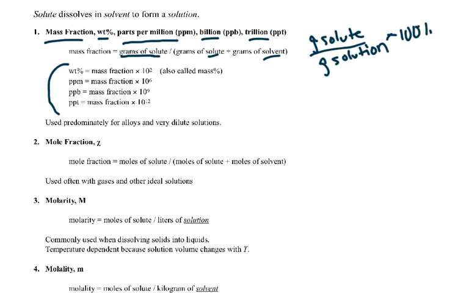And then when you get into lower concentrations, so these are often used for, say, water purity purposes, that sort of thing, you can multiply your mass fraction by a million, a billion, or a trillion, and that would be your parts per million, parts per billion, parts per trillion.